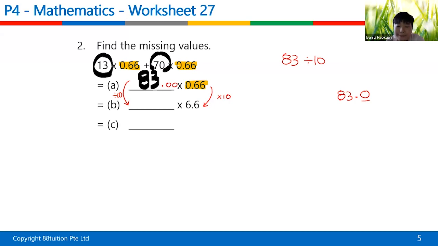Shift your decimal. Shift where? Are you going to shift here or here? Shift what decimal? 83.